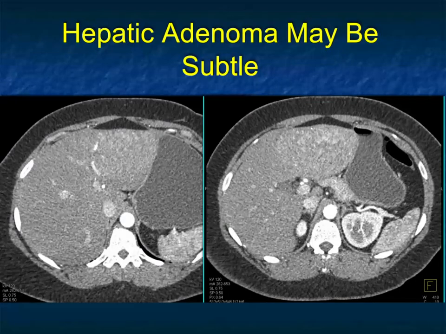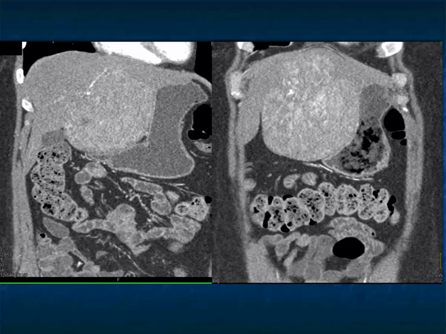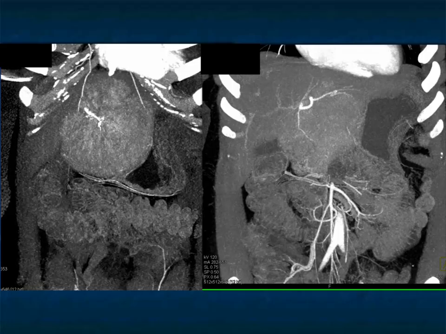Here's another case, a mass in the left lobe of the liver. It's kind of subtle, right? There's increased vascularity, but not as bright as we see with the classic hepatic adenomas, or not as bright as FNH or most lesions. It kind of looks like a funny-looking enhancement pattern. You can see the same subtle changes, maybe a little more obvious perhaps, as you go to the coronal display.